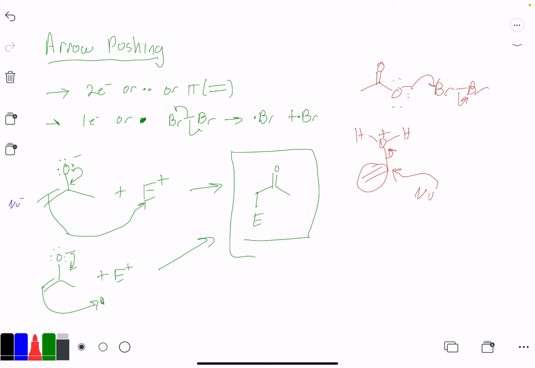And so what would actually be happening would be something a little bit different. You would actually have your nucleophile come in and attack your pi bond, and it may attack here or it may attack here, but the idea is you're going to break this bond here first. So this bond here, circled in blue, is going to get broken first.